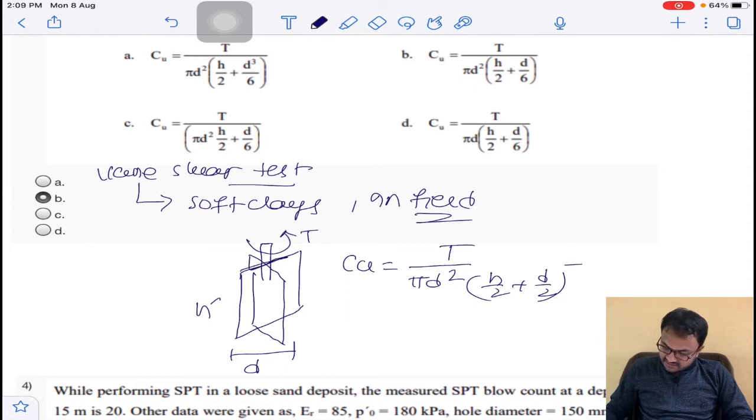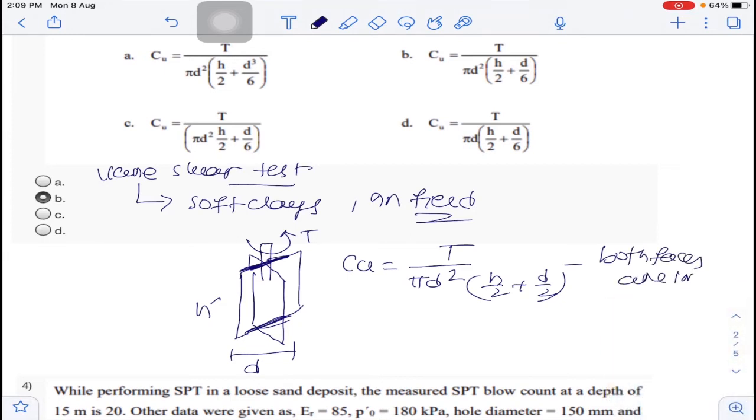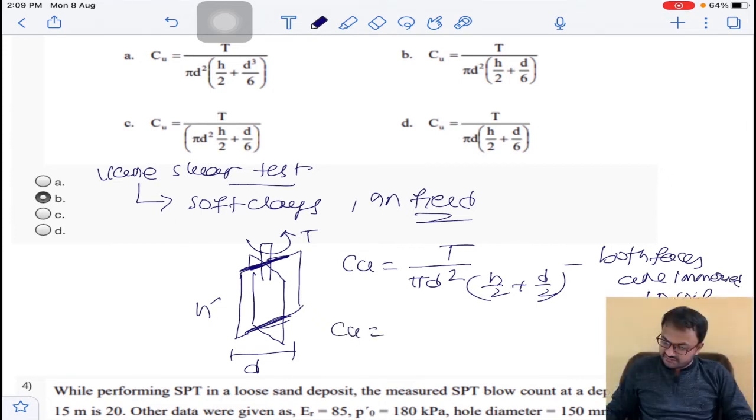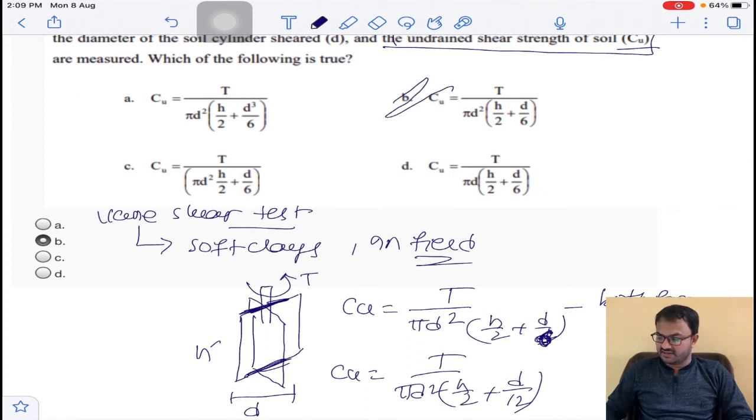This is when both the top face and bottom face are immersed in soil. If only one face is immersed, then Cu will become T divided by pi D square (H by 2 plus D by 12). Okay, so in this, option B is correct, H by 2 plus D by 6. Okay, so this pi D square is not in the bracket, it is outside the bracket. Clear?